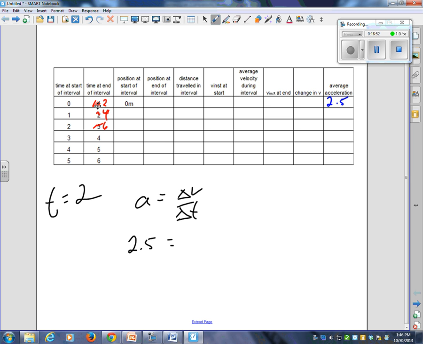I don't know the change in velocity. That's what I'm trying to find, delta V. What is my time? 2. Now, grade 11 physics students should have a math background where they can solve that in their head. How do you get rid of the divide by 2? Multiply both sides by 2.